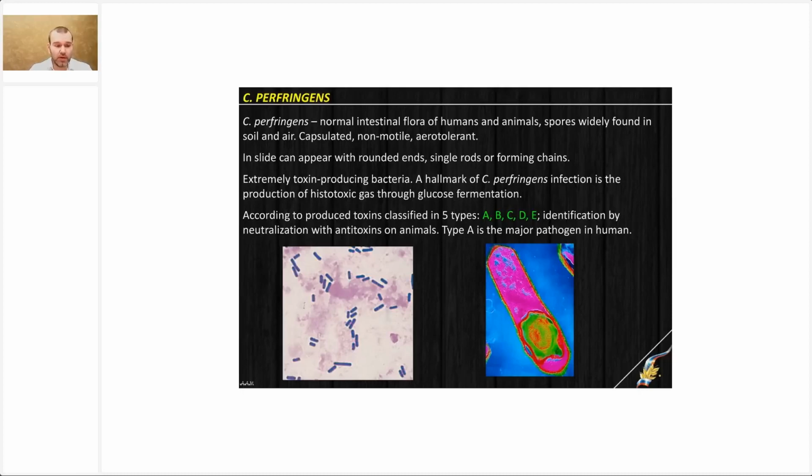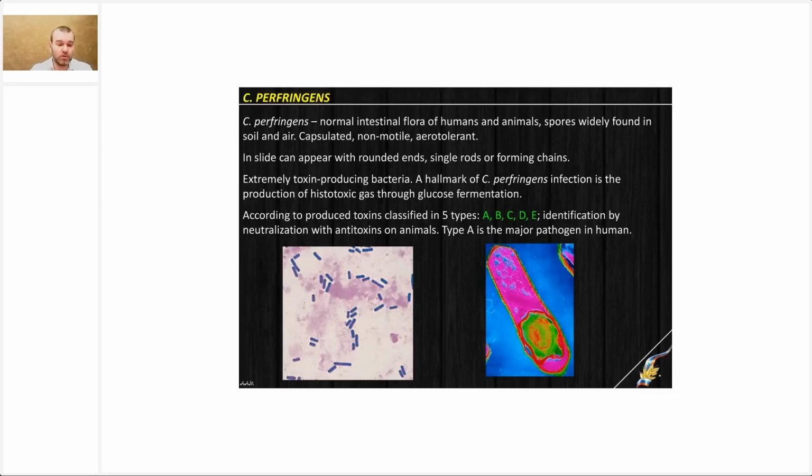The main pathogenic property of any Clostridium, especially Clostridium perfringens, is the production of toxins. And actually, Clostridium perfringens is the most toxigenic bacteria. It produces about 12 distinct toxins, 4 major toxins and 8 minor toxins, and a lot of different enzymes.